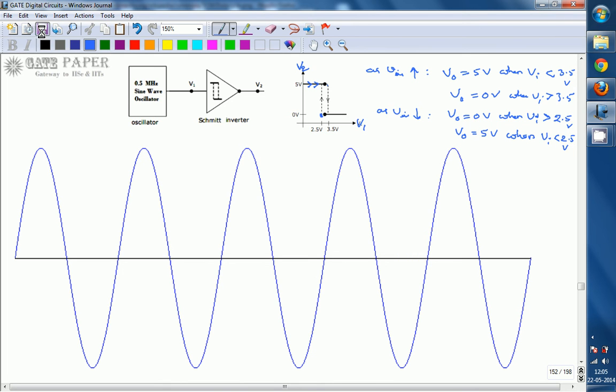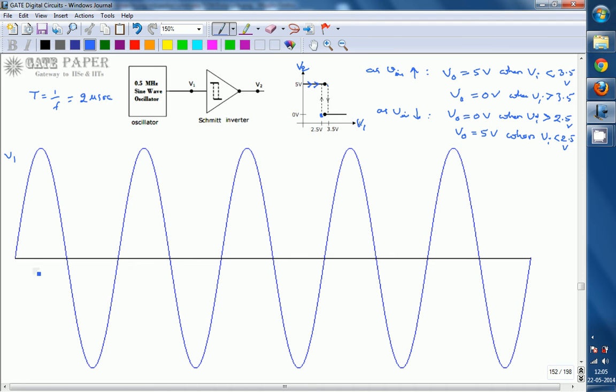Now this is the waveform drawn. This is the output of the 0.5 megahertz sine wave oscillator, so make it V1. Time period is the reciprocal of frequency, so 1 by 0.5 is 2 microseconds.